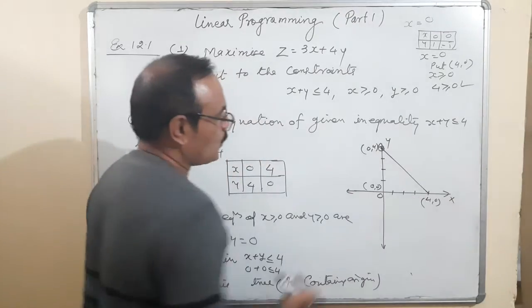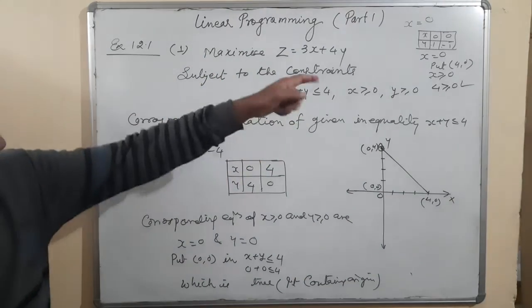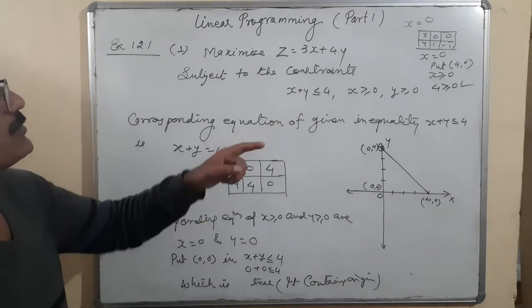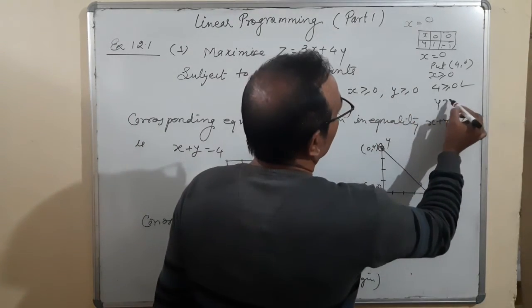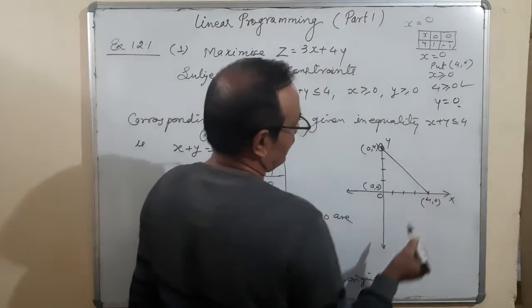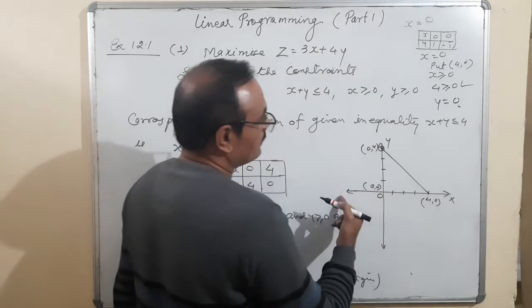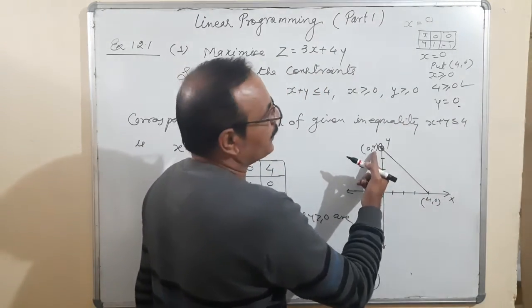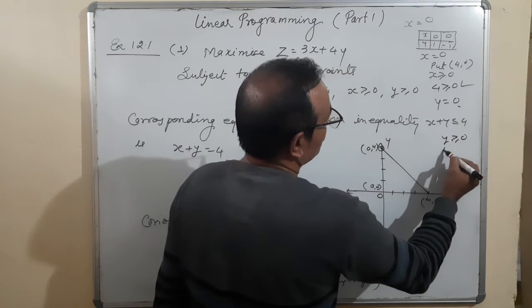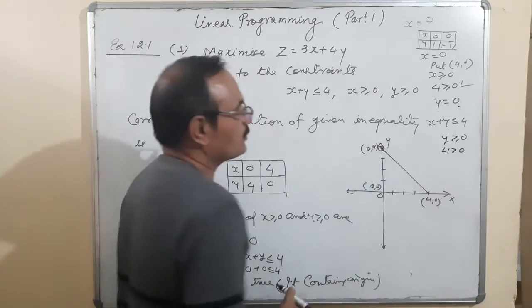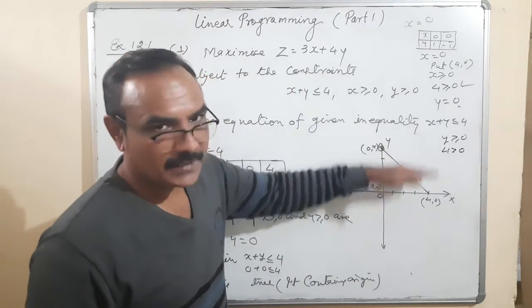Now let us see this. What is the equation? Second, x is equal to 0 we have taken. Next is y is equal to 0. Because this is the line, I am going to put 0, 4 here. So y is greater or equal to 0, when I put 0 comma 4, 4 is greater than 0, which is also true. That means upside.